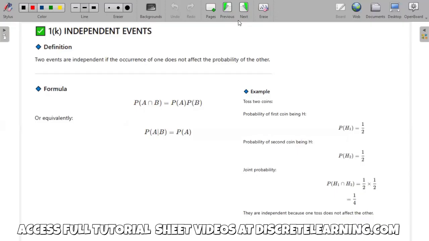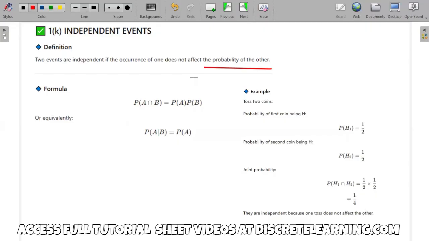Two events are said to be independent if the occurrence of one event does not affect the probability of the other one happening. That's when we say that two events are actually what?